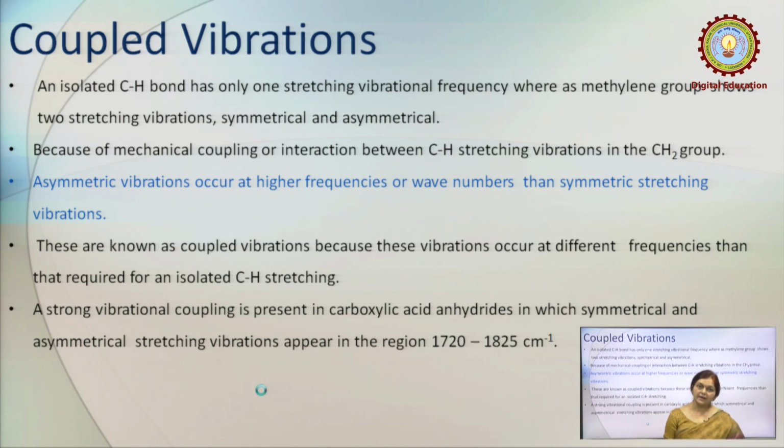As we know, asymmetric vibrations occur at a higher frequency or wave number than symmetric stretching vibrations. These are known as coupled vibrations because they occur at a different frequency than that required for isolated CH stretching.